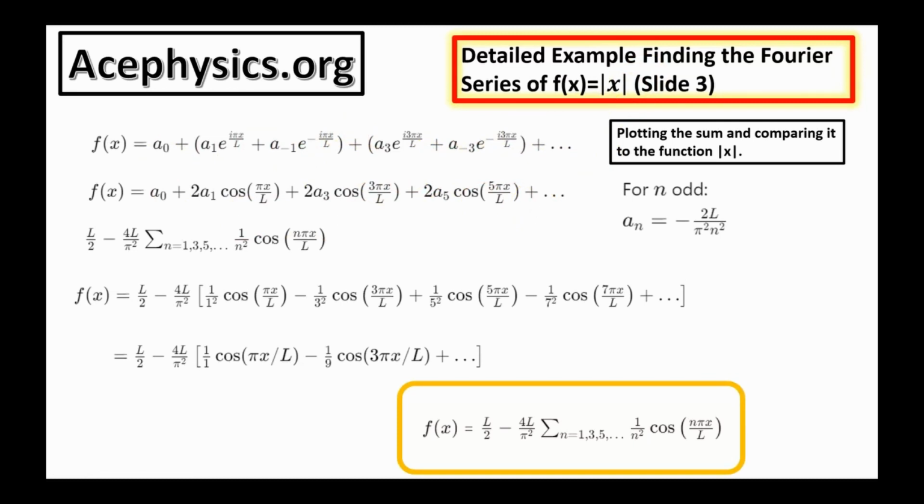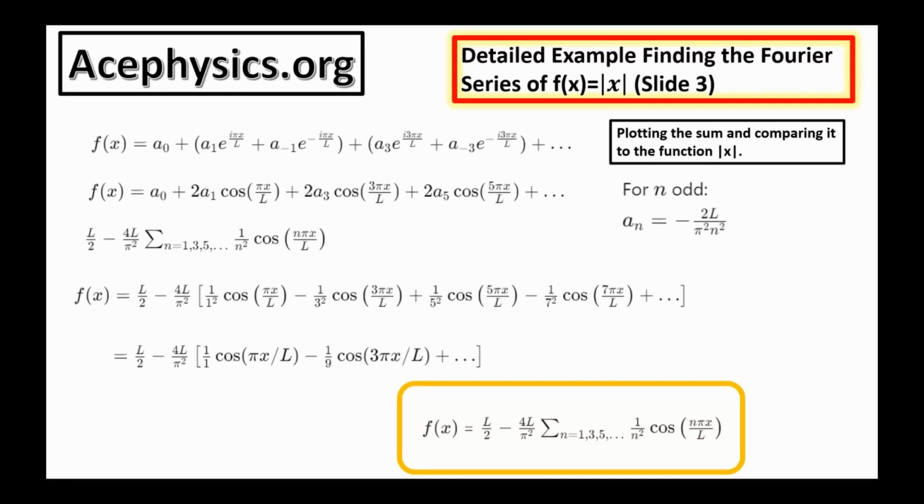By writing the function this way, it allows us to plot it easier. It does not leave it in the important form of the sum of complex exponentials, but it does allow you to plot it easier. So after some manipulation, this is the Fourier series for the absolute value of x that we already worked out. It's just written in terms of cosine functions, which we can do in this case because it's a real function, and this is going to help us plot it a little bit easier.